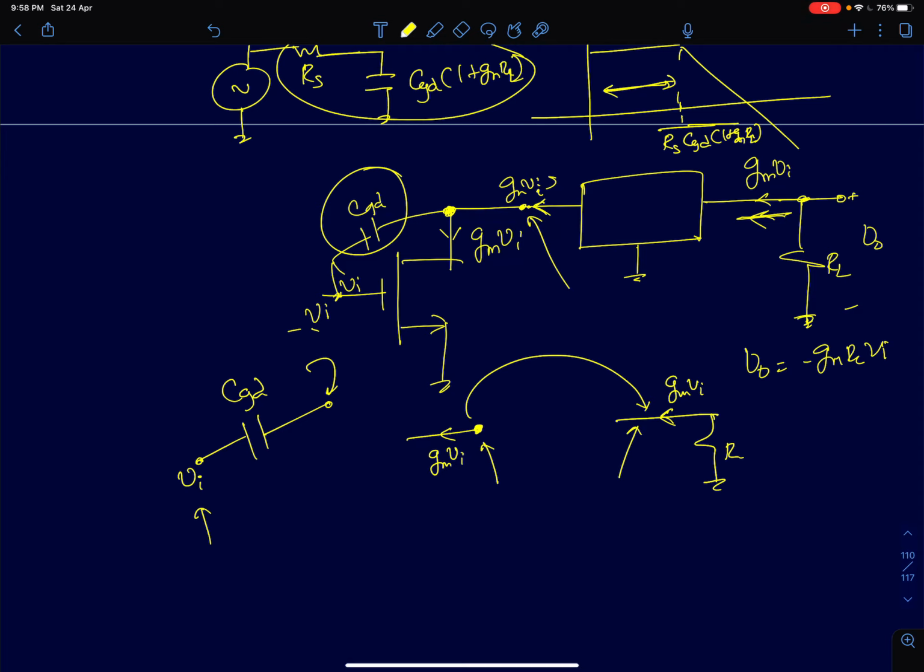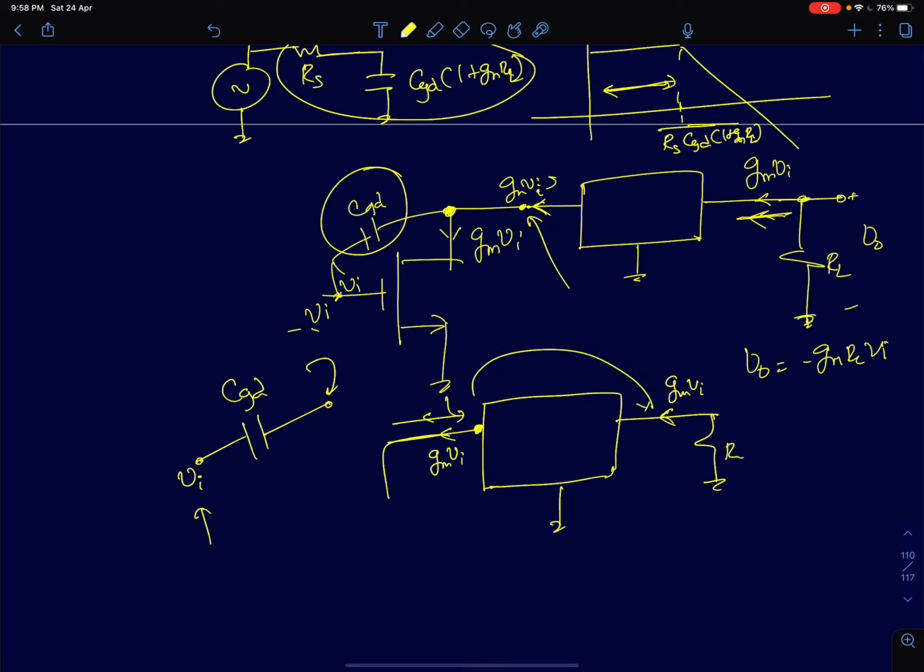So to do this, I am going to use a circuit which can offer a very low input impedance. It's going to offer me an extremely small input impedance, which means it's going to absorb all the current which is being fed to it, and it's going to deliver the same current at the output. And it's going to have such a high output resistance.